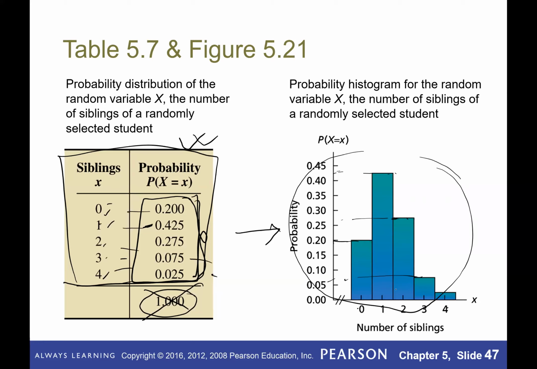And looking at this, you can get the probability, or you can also get an idea about the shape of the distribution. If you join the midpoints together, that will give you the shape of the distribution. This is actually a slightly right skewed distribution.